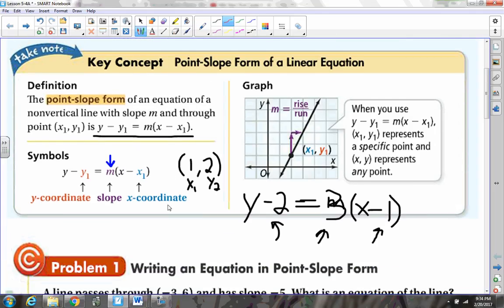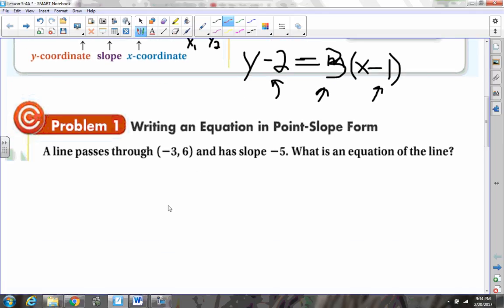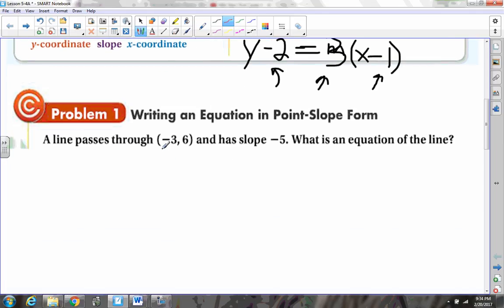Let's practice a little bit what this is going to look like in your homework. Here we're given a situation where a line passes through this xy point, -3 in the x, 6 in the y, and has a slope of -5. They would like the equation for its line.